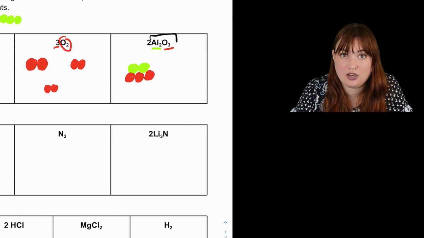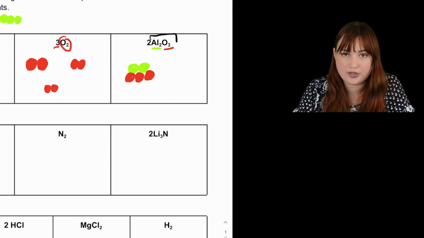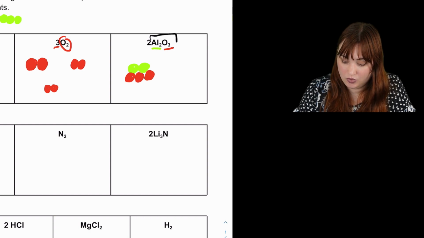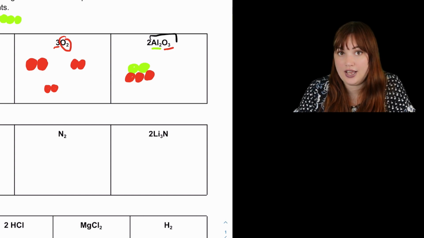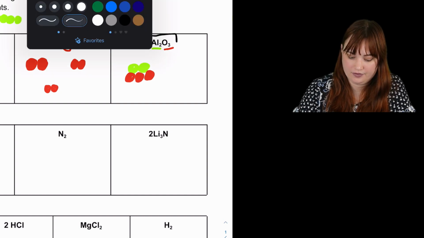Now in reality, this compound probably looks really different, and it does. But right now I'm just worried about representing what's going on in the reaction as particles.